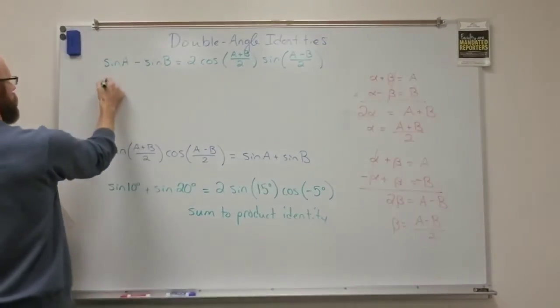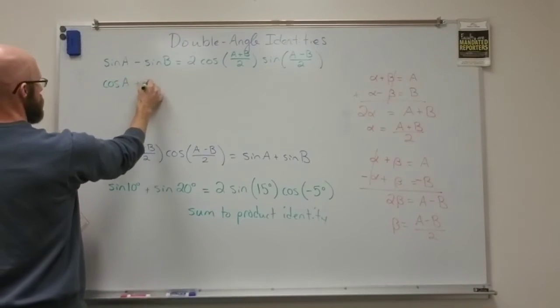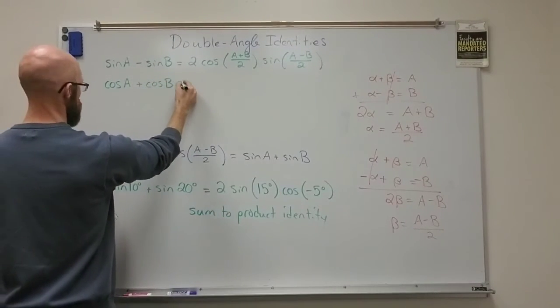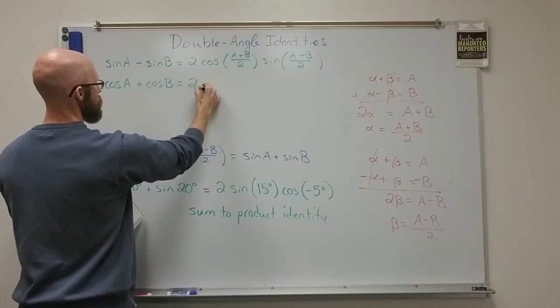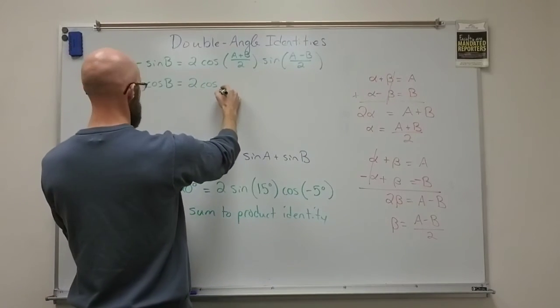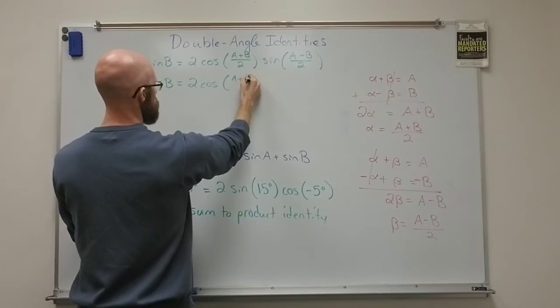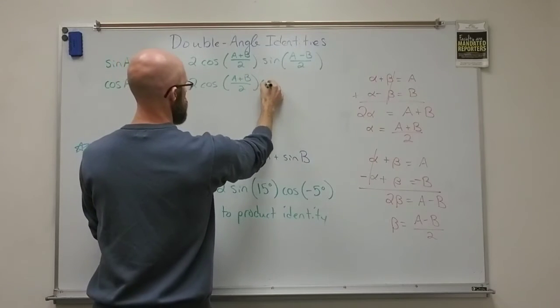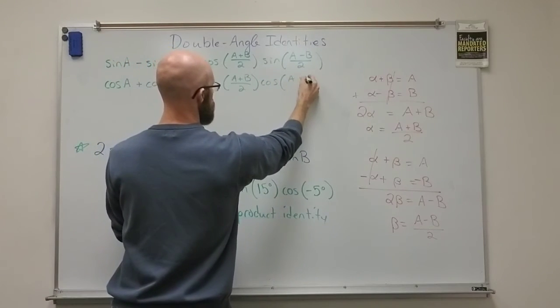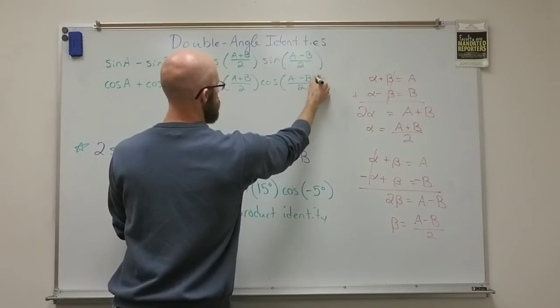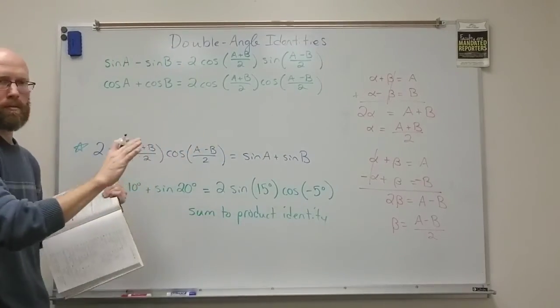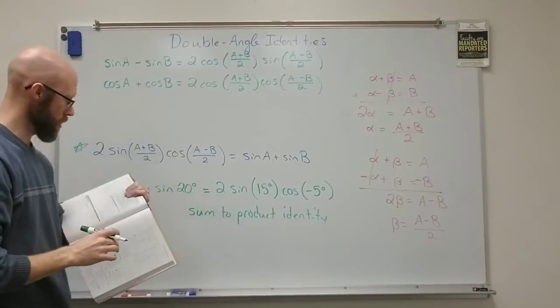We also have the cosine of A plus the cosine of B equals 2 times the cosine of A plus B over 2 times the cosine of A minus B over 2. Again, similarities, but just a couple little tweaks that are different in each of these.